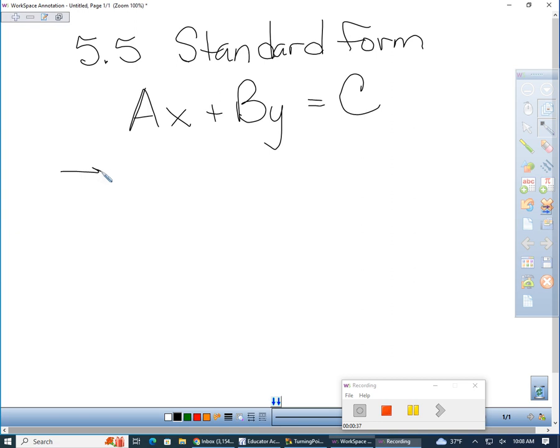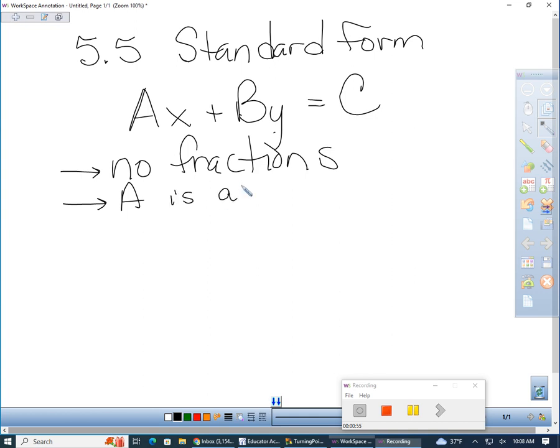First thing about standard form is there are no fractions. Second thing about standard form is that this leading coefficient should be positive. So a is always positive.